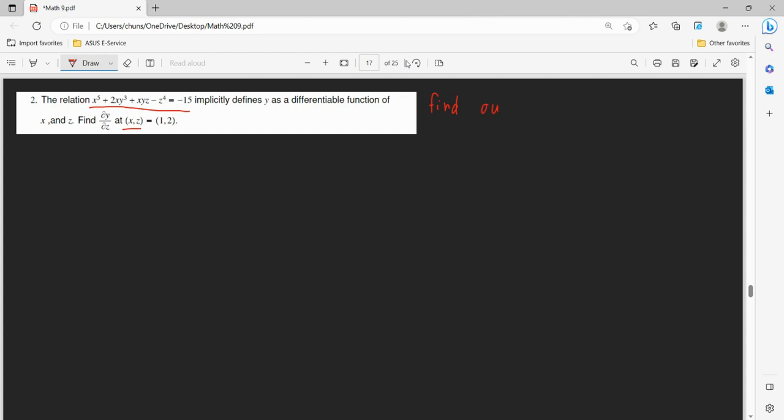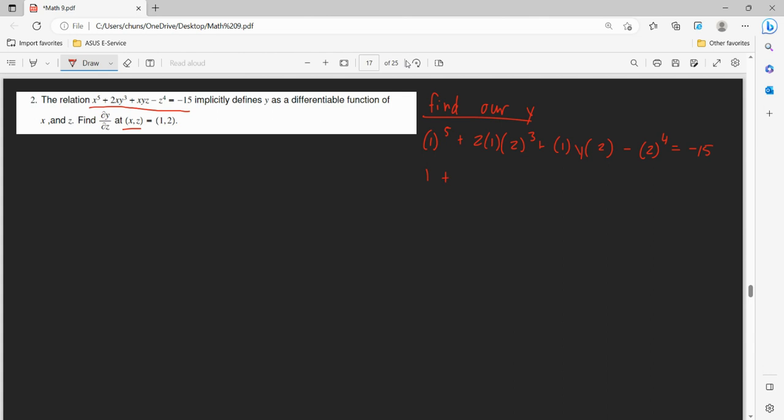So let's find our y. So we're going to plug in our values that we already know. So x is equal to 1 plus 2x, and then y cubed plus x. We don't know what y is. z is 2 minus z, which is 2 to the power of 4 equals negative 15.